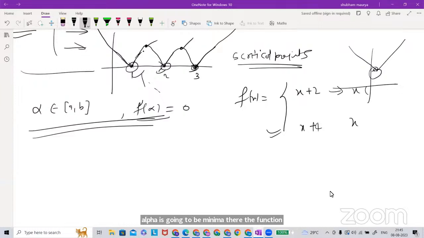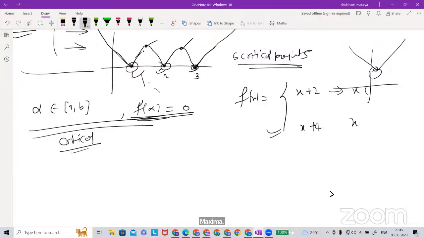If f double prime is less than 0, then alpha is going to be a local maxima.